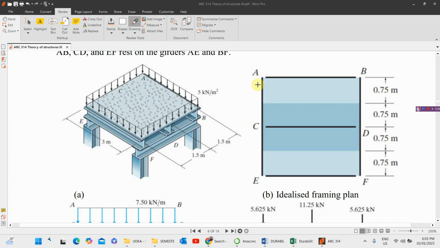The same thing is applicable to this slab. This beam will carry just the load from here to here, this shaded portion, while the CD will carry this particular load here.